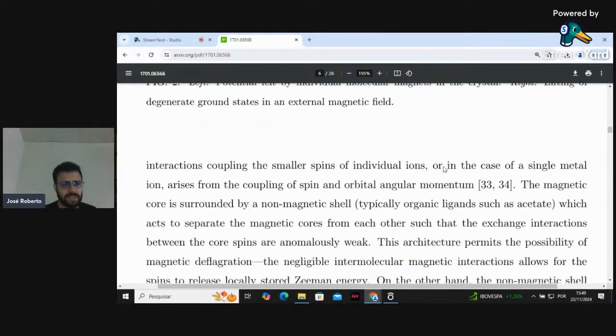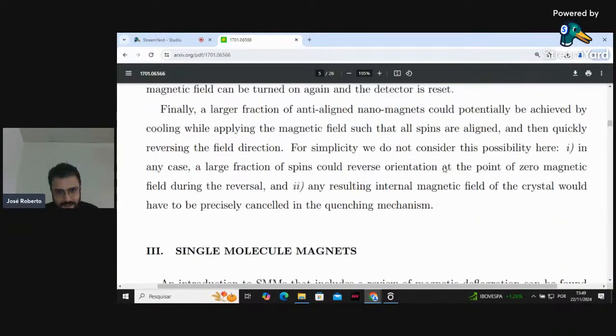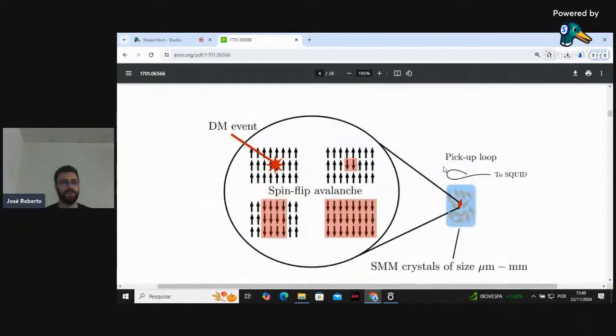So this is basically the idea of this image here. As I said, let's suppose that this is the metastable state of the magnet. You have a dark matter event happening here, whether that is absorption or scattering, it doesn't matter, and it gives energy to the spin, to the magnet.